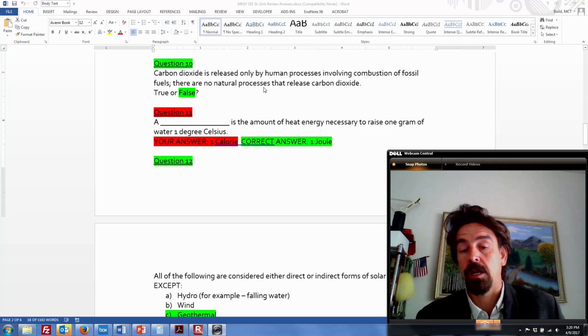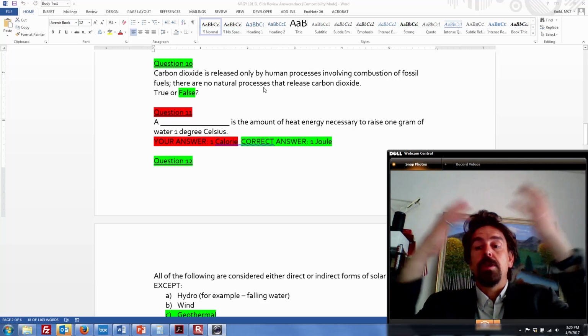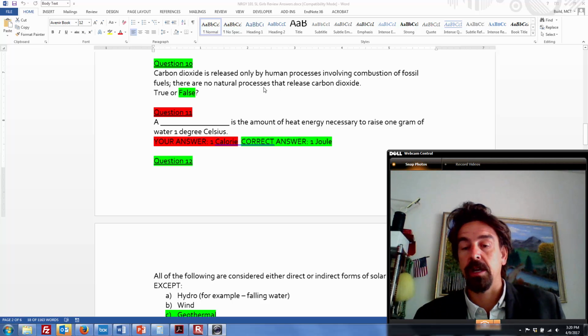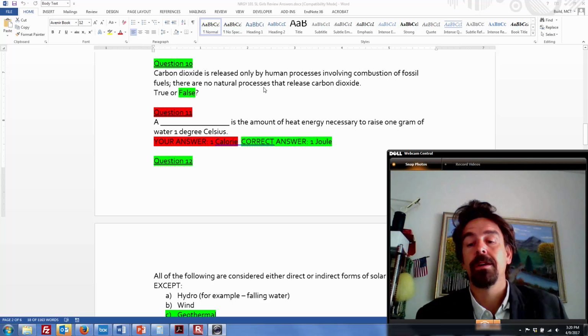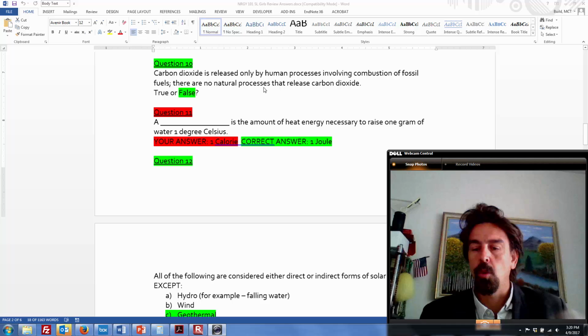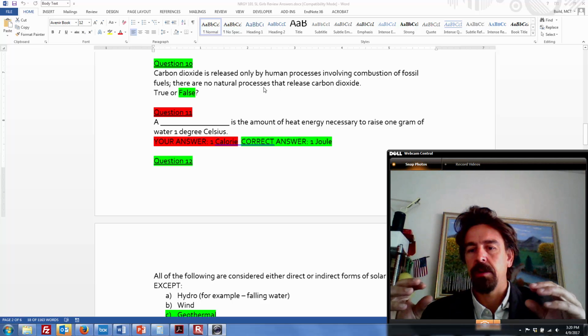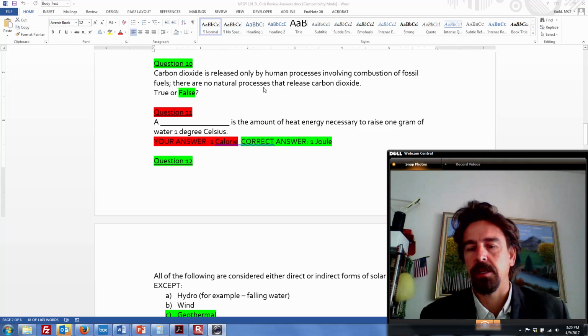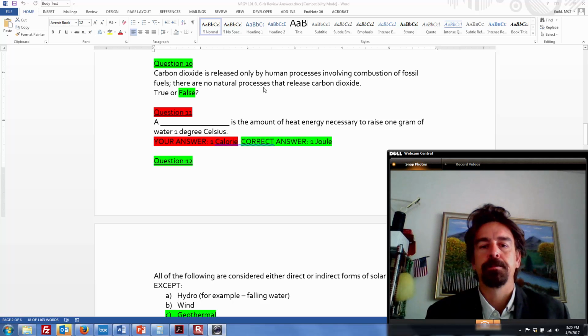No, this is not correct. So even right now, as I breathe, I make carbon dioxide. If we have a forest fire, that's carbon dioxide. There's also decaying matter. There are a lot of natural processes that create carbon dioxide.